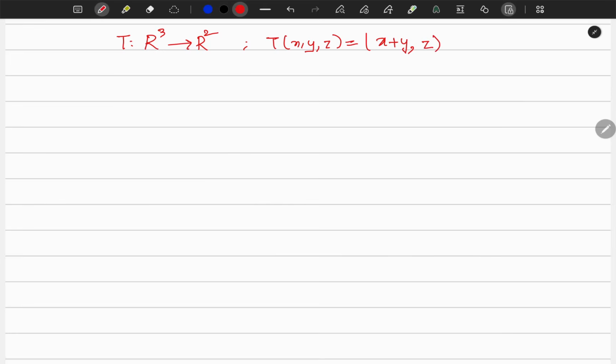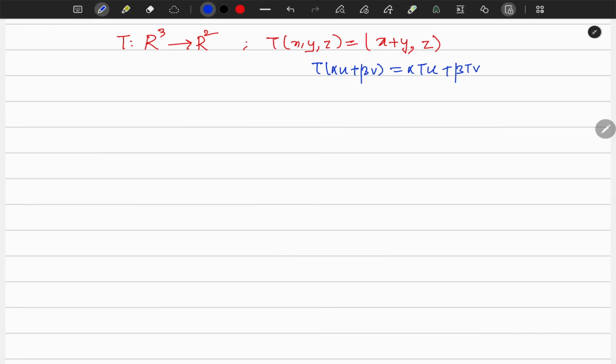For example, this is a linear transformation. They may ask you to check whether this is a linear transformation or not. This may be the first question, and we have shown how we check it. Your claim will be T of alpha u plus beta v should be equal to alpha T of u plus beta T of v.